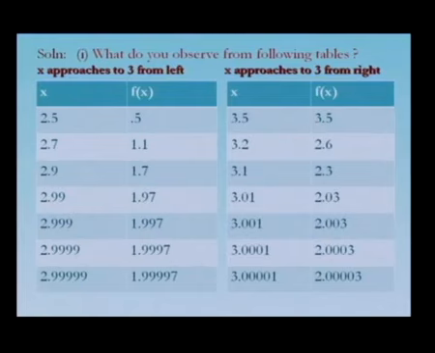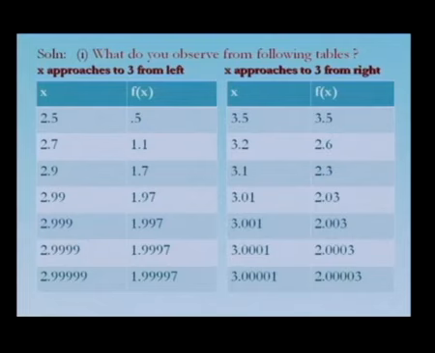When x becomes 3.1, f(x) becomes 2.3, and finally when x is very close to 3, that is 3.00001, then f(x) becomes 2.00003. So this shows that when x is reaching towards 3 from the right hand side, f(x) is reaching towards 2.